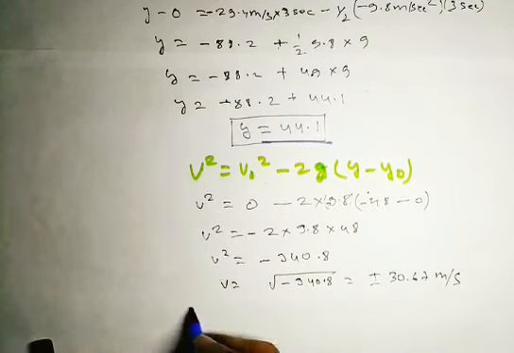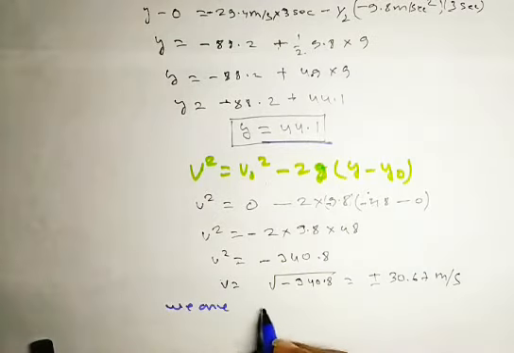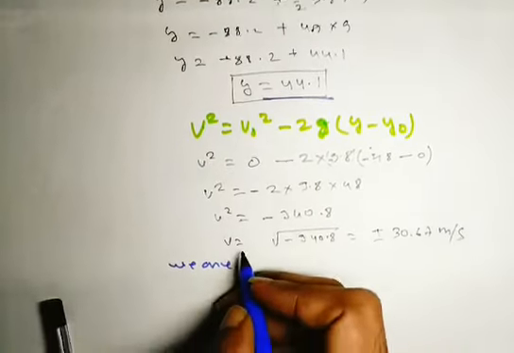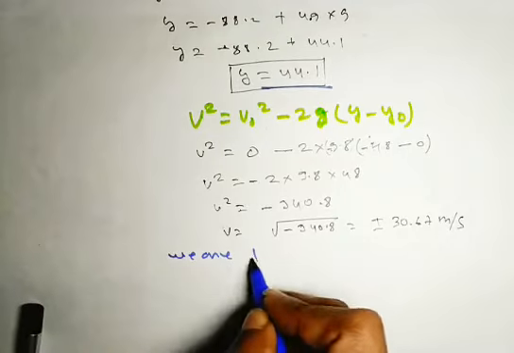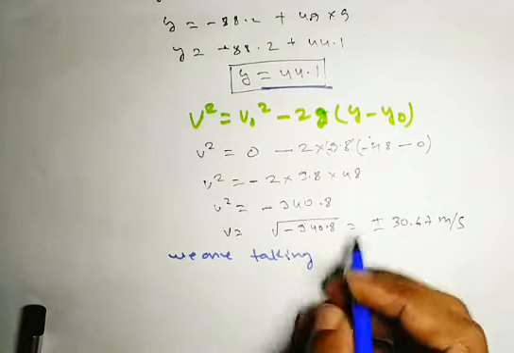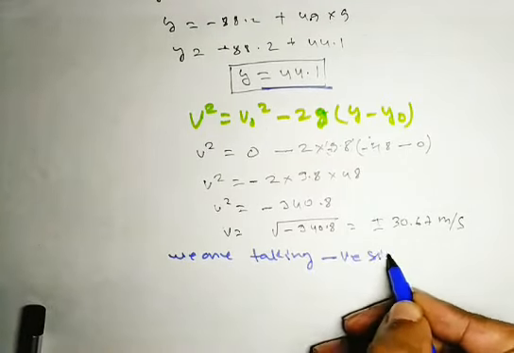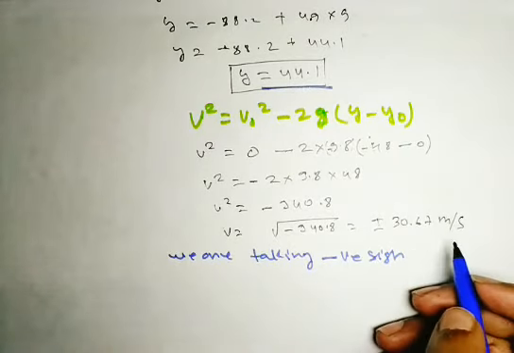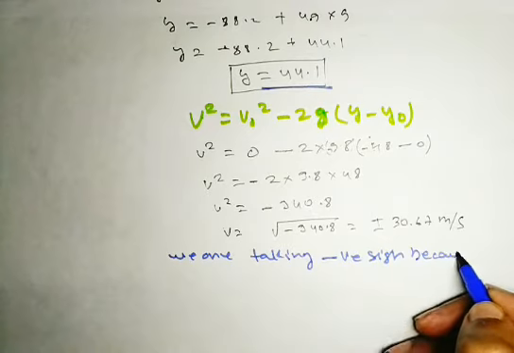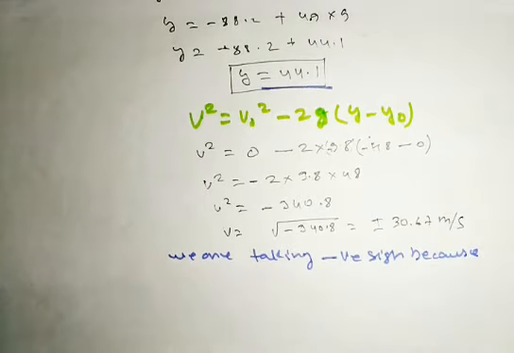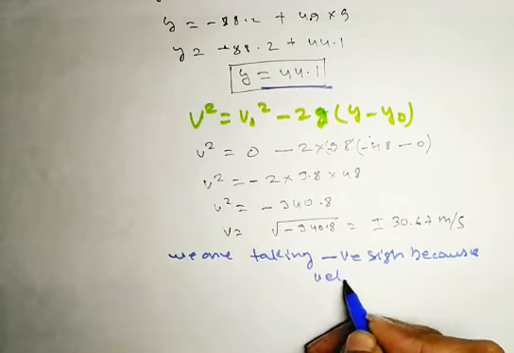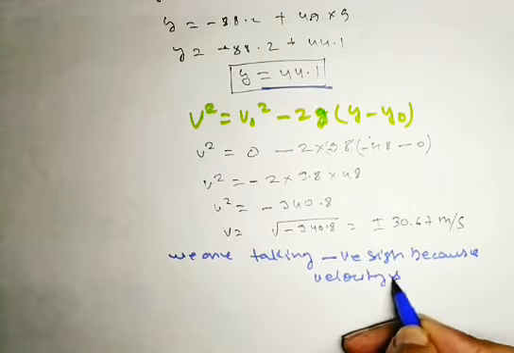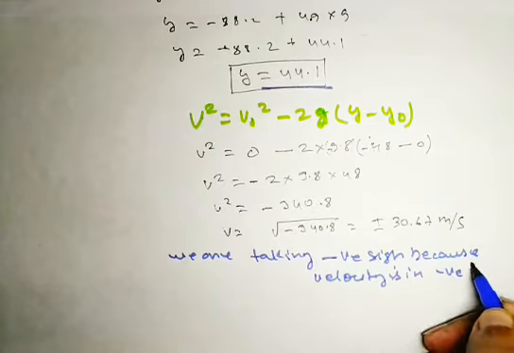And here we are taking the negative sign, because the velocity is in the negative direction.